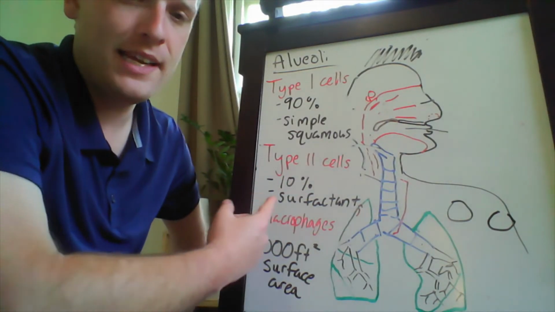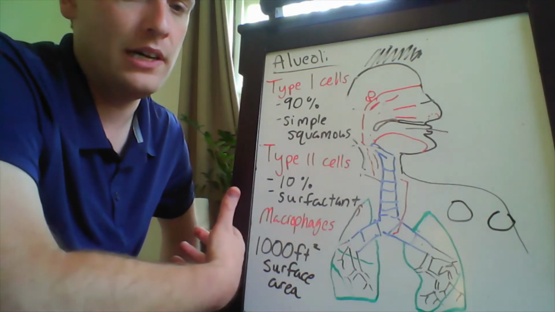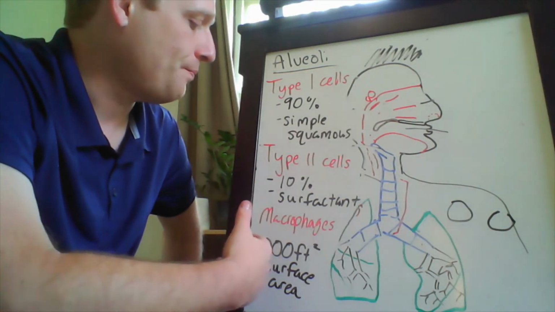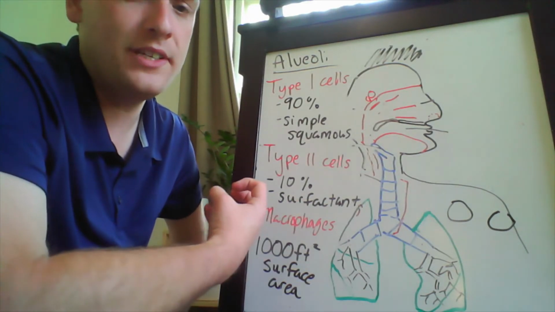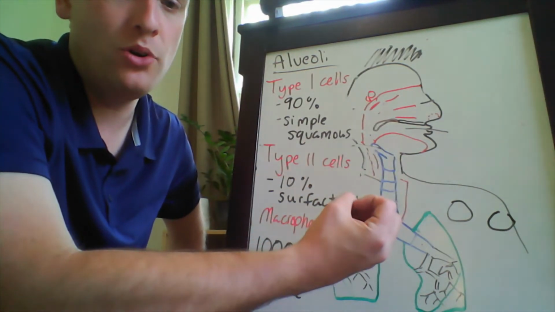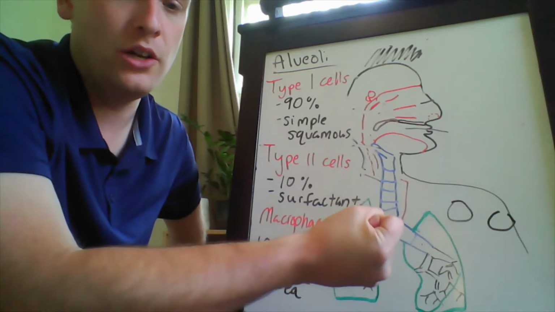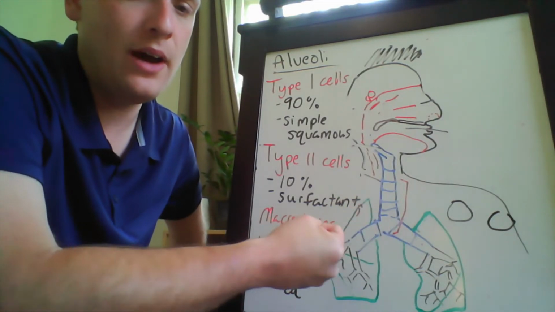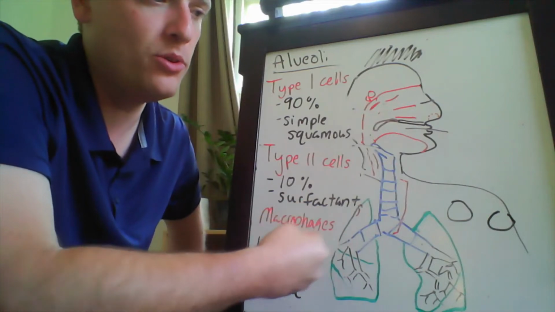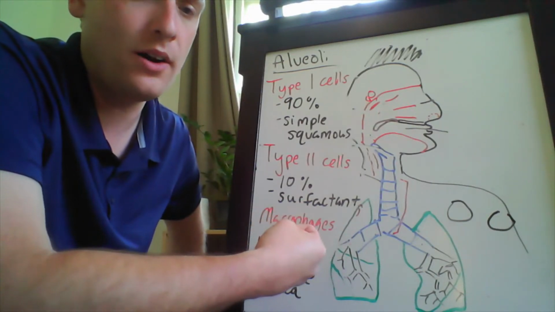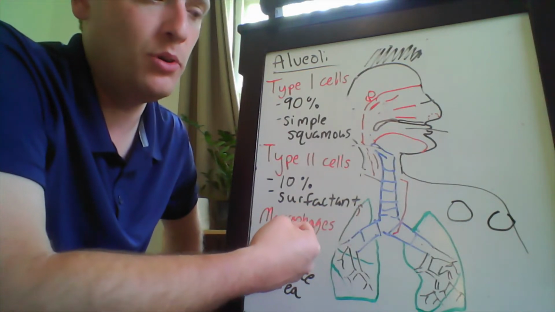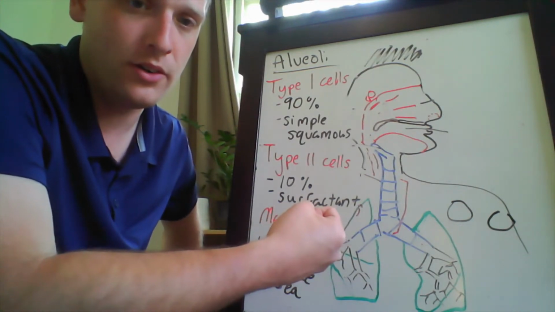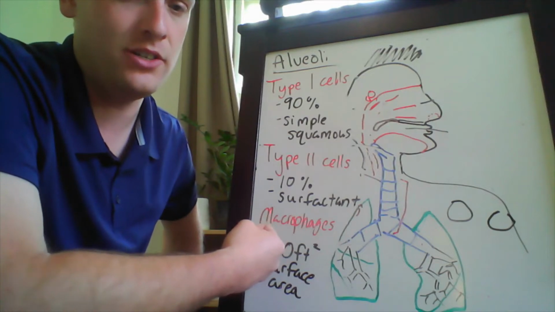So the surface tension of the water in your alveoli, without the presence of this surfactant, could actually pull your alveoli closed. If you had this normal surface tension that you see with water, you would have much less capacity to pull air into those air sacs where that really important gas exchange is occurring.